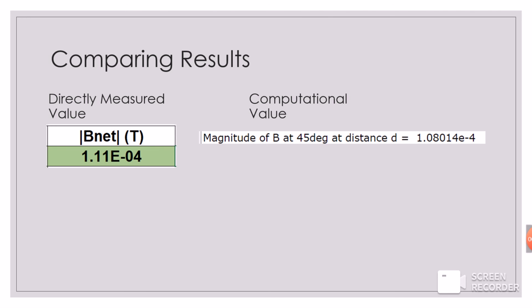Comparing results. Directly measured from the data, I obtained a result of 1.11 times e to the negative fourth, whereas via the Glowscript computational value, I obtained a magnitude of 1.08 times 10 to the negative fourth. Comparing these two values, we see that this is incredibly similar, to the point where it's an uncanny difference.